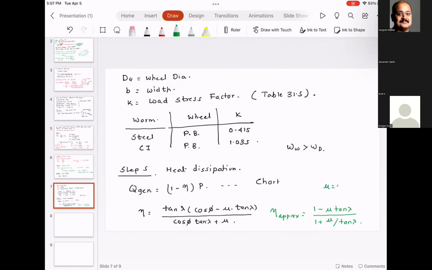So mu is 0.02 for a lubricated worm wheel. This information is given on page 1108.